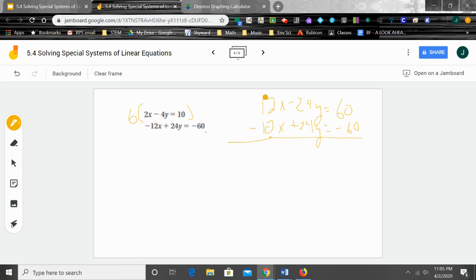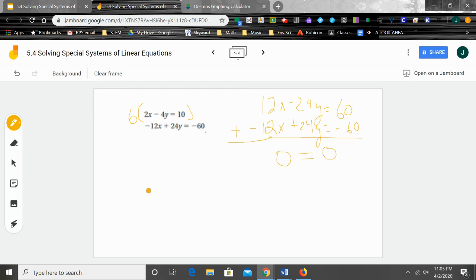If I have a 12x and a negative 12x, the way I get that to be 0, to eliminate that, is I'm going to add these two equations. So 12x plus negative 12x is 0. Negative 24y plus 24y is 0. So on this side, I'm left with 0. Over here, 60 plus negative 60 is 0. So this is true.